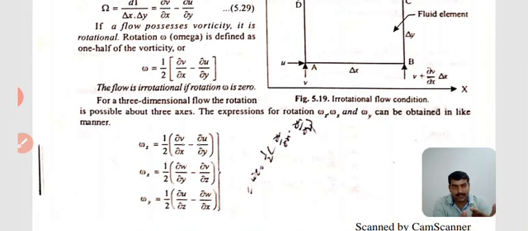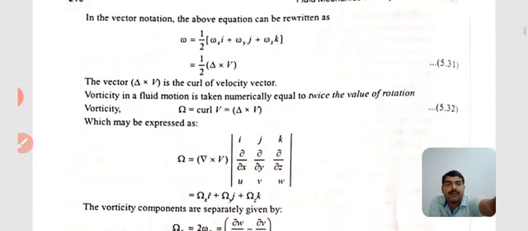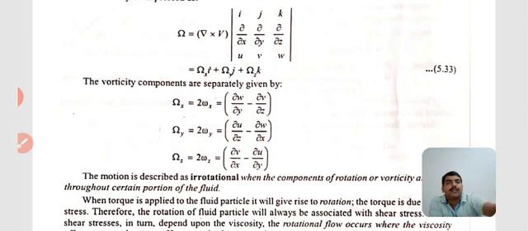In the circulation, the rotation is 1 by 2, half, of the 3-dimensional fluid flow. In the case of vorticity, it is 2 times the rotation omega, that is, vorticity about x is equal to 2 times omega x.